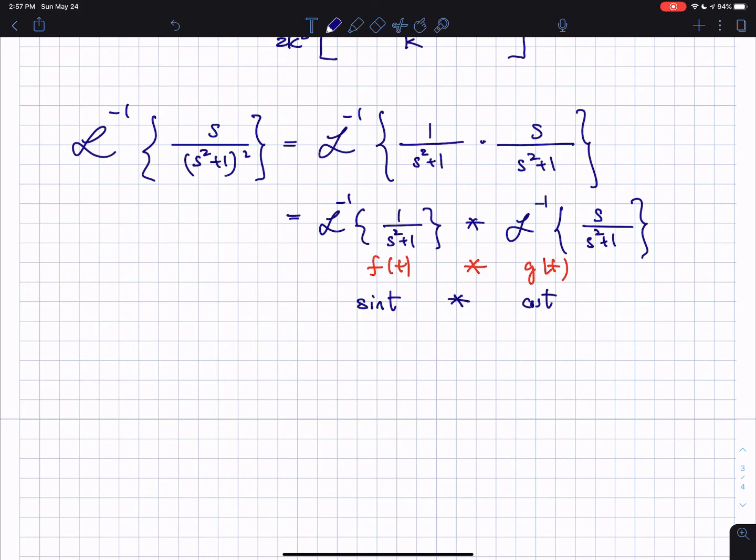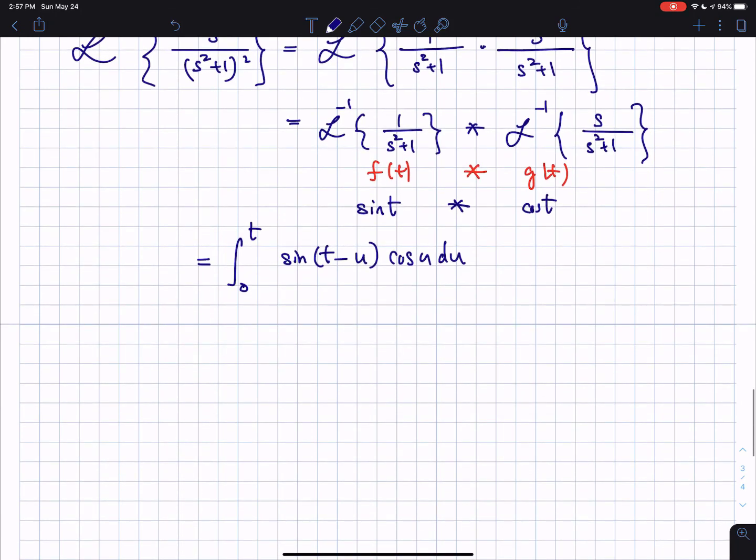And by definition, that's the integral from 0 to t of sine of (t minus u) cosine of u du. Now again, same thing as before, you could use the product-to-sum identities.